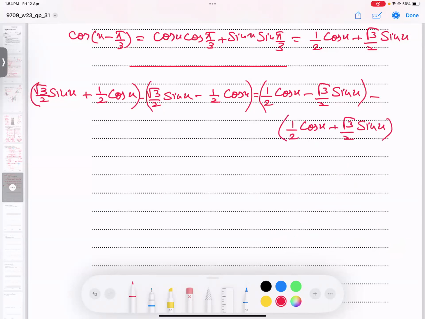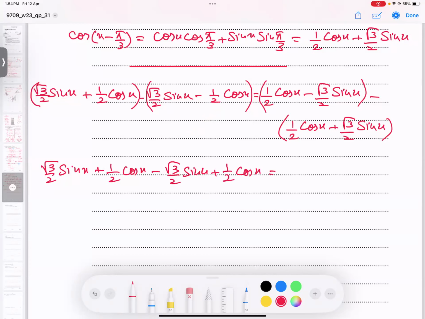Now expand the bracket. What happens, students? If we expand the brackets, concentrate and do it very carefully. What I get here: root 3 by 2 sine x plus half cos x, negative root 3 by 2 sine x, so negative into negative is positive, half cos x.